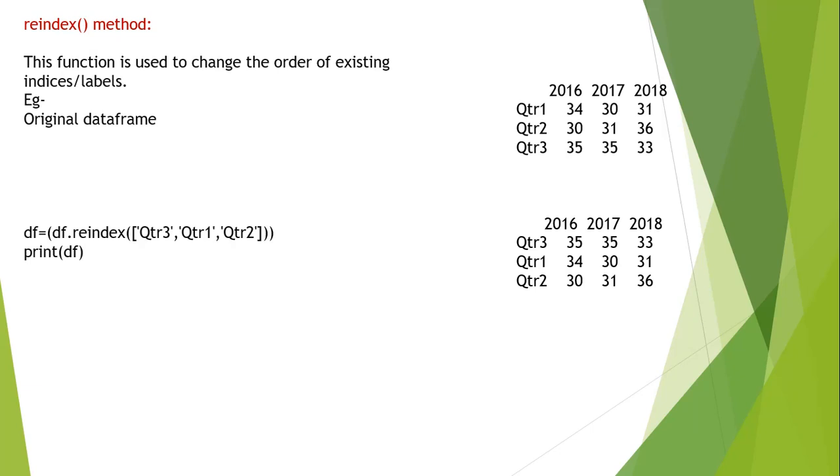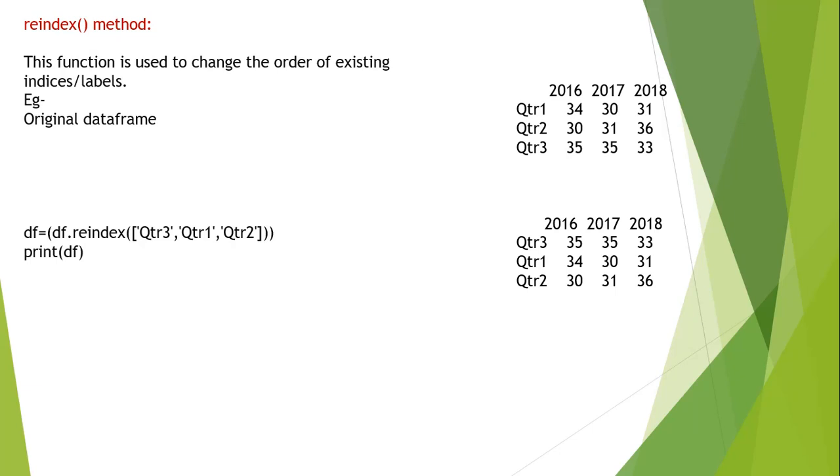Okay, so whatever indexes we have given in this df.reindex list form, that is the new index of this data frame. But here, as in the previous rename method, the special argument was in place is equals to true. That is not a valid argument in the reindex method. So if we want to reflect the changes in the data frame, we need to override the existing data frame, and that can be done by this line: df is equals to df dot reindex qtr3, qtr1, qtr2.